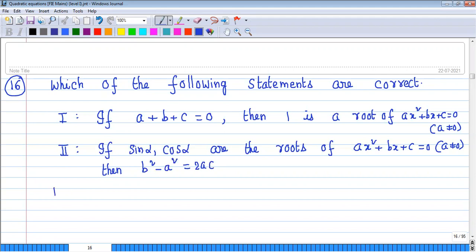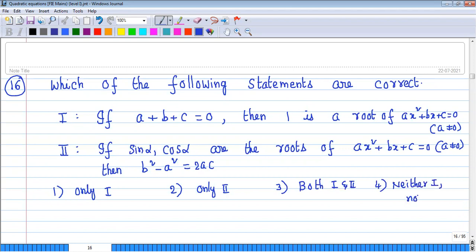First option only one, second option only second statement, third both 1 and 2, fourth neither 1 nor 2.